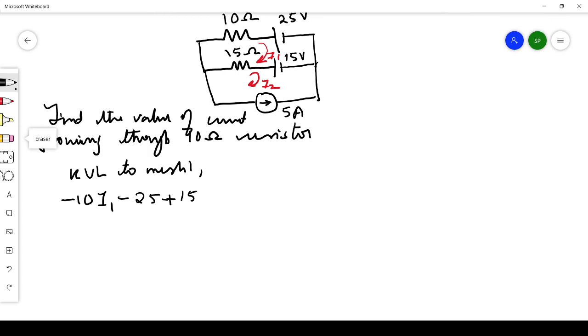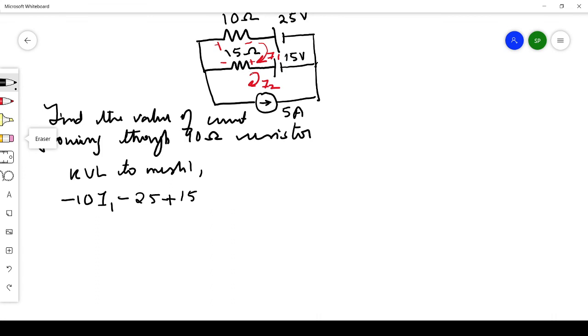Okay. Then what is the drop across the 15 ohm? When you consider this 15 ohm resistor, the polarity, here it is plus, here it is minus, depending upon the current direction. We can see that current I1 is flowing from right hand side to left hand side, and I2 is from left to right.